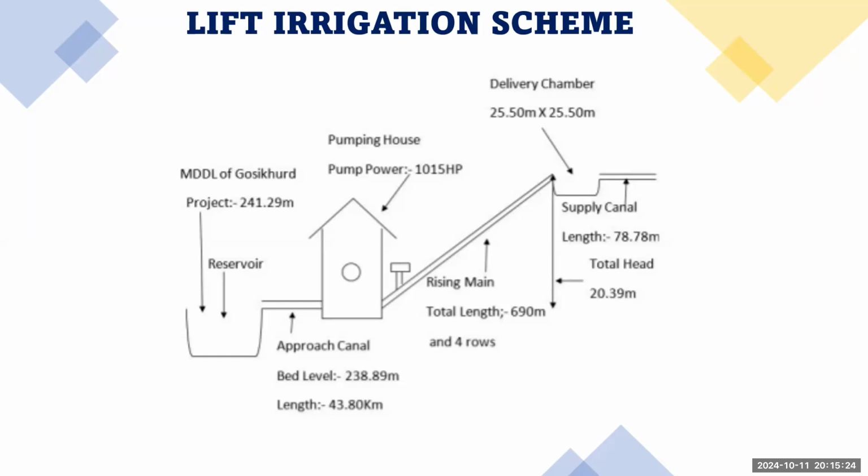This sketch shows one such lift irrigation scheme, which is called the Gosi-Kurd scheme. Here the water is lifted from the reservoir through the pumps. It is then conveyed to the delivery chamber through the rising mains. This is how the lift irrigation scheme is planned.